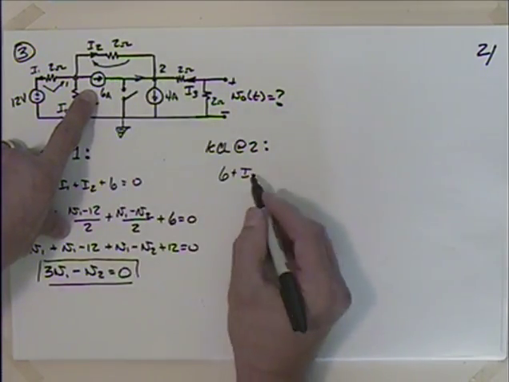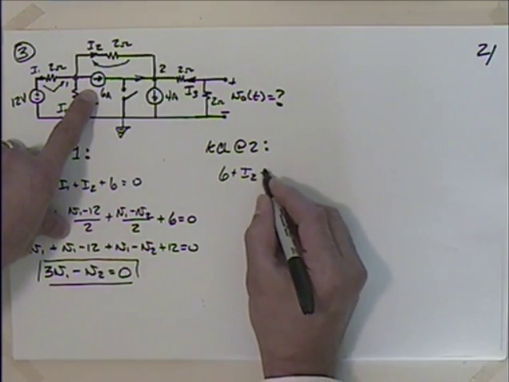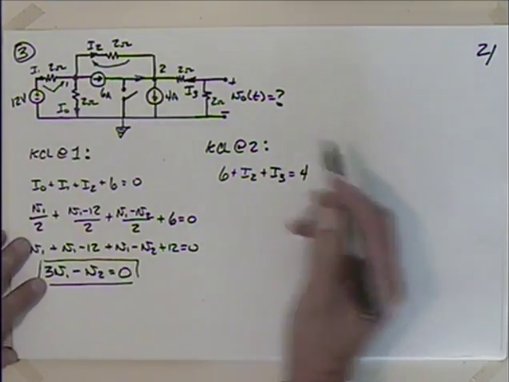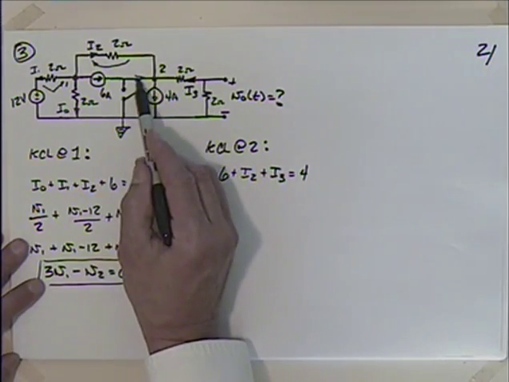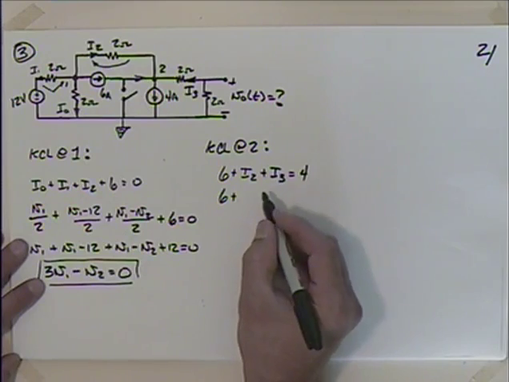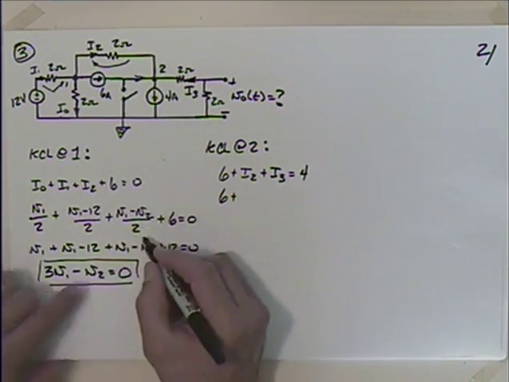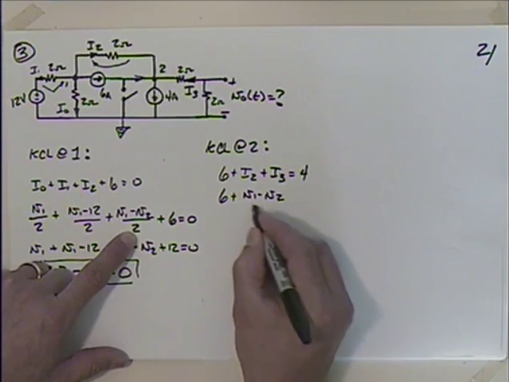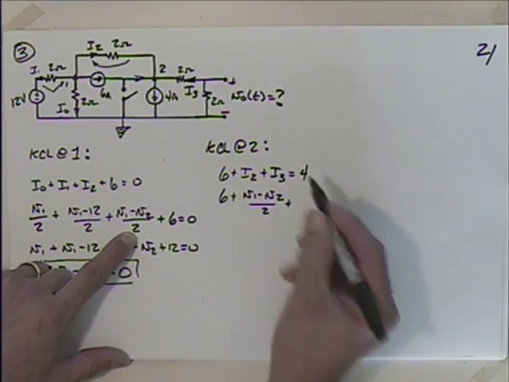The I2 is going in, plus I3 is equal to 4. Is that right? I3 is going in, 6 is going in, I2 is going in. Yep. So I've got 6 plus I2, which I found I2 to be this thing right here, V1 minus V2 over 2, plus I3.